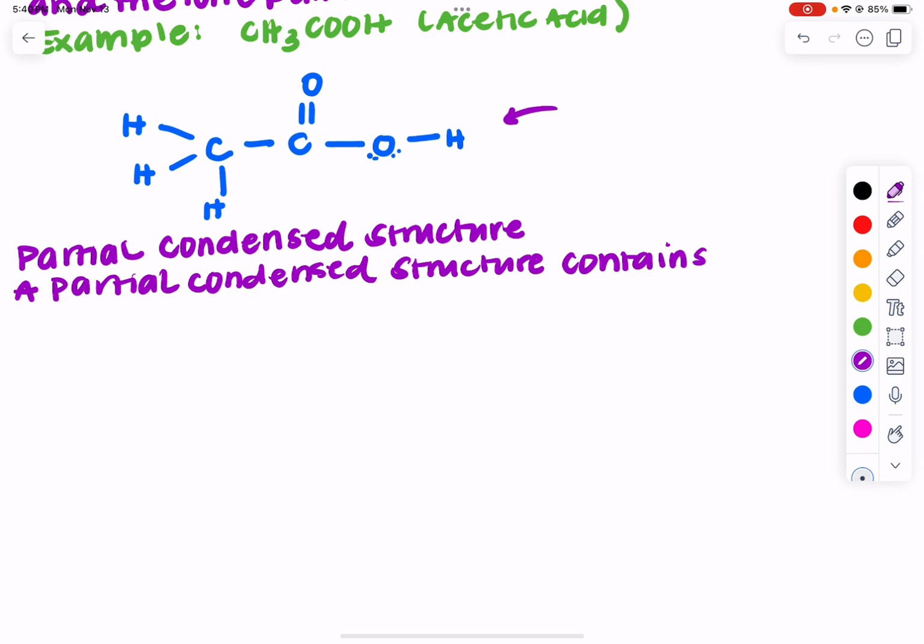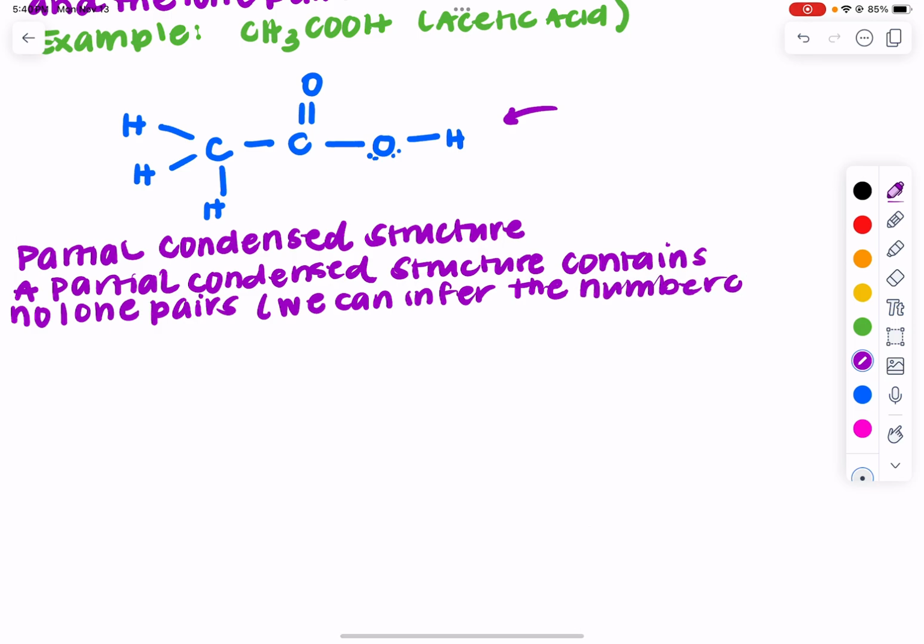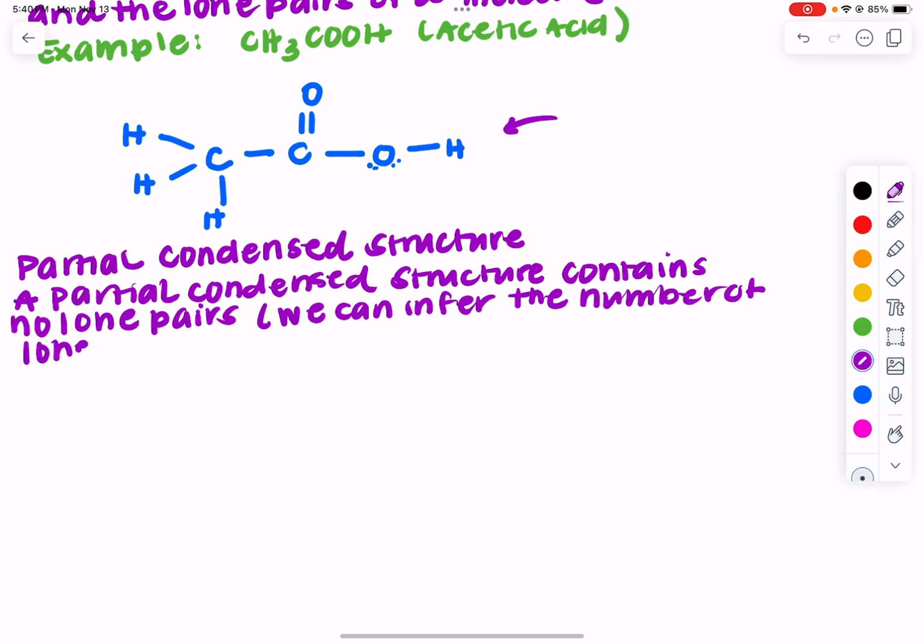And a partially condensed structure contains no lone pairs, so you don't have to draw those. It should be obvious which atoms have lone pairs and which ones don't. And we can infer the number of lone pairs based on the octet rule. Again, more often than not, things are going to fall into octet.